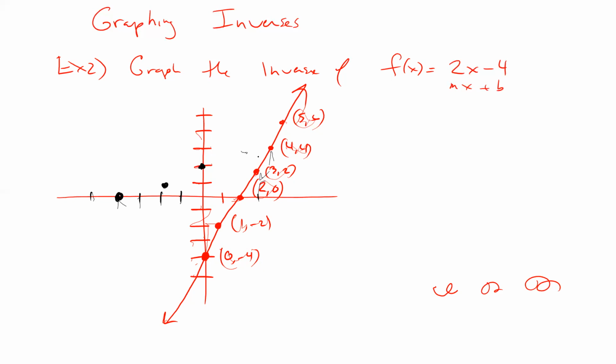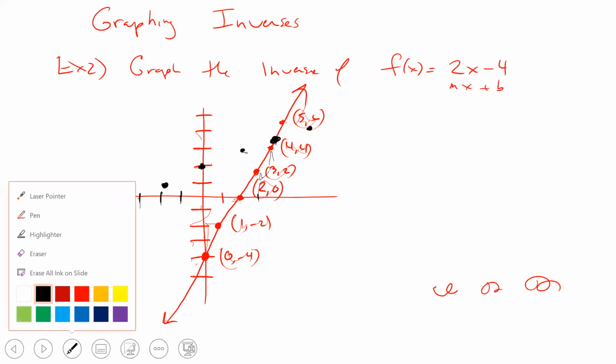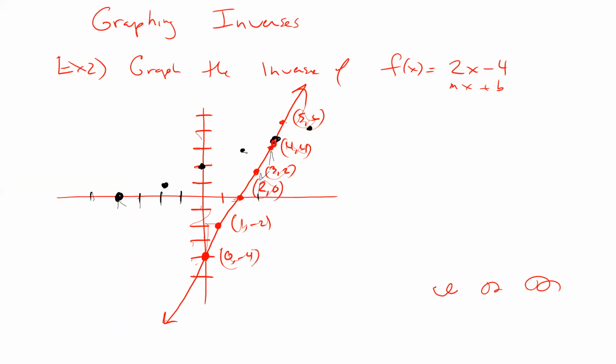There you go. 2, 3. There we go. Ooh, 4, 4. That's interesting. Actually, it should have been right here. 4, 4. And then 6, 5, right? So this little dot should have been in the same spot here.